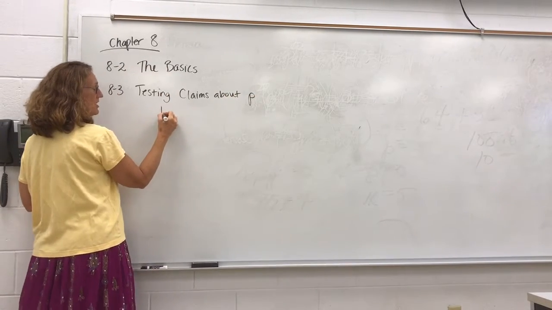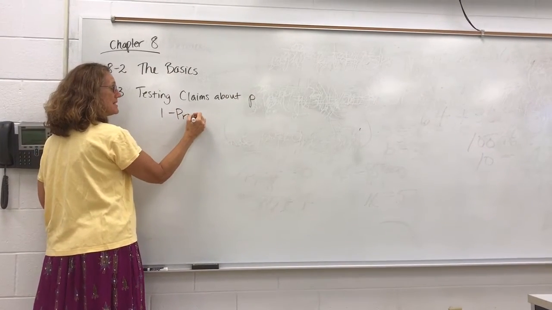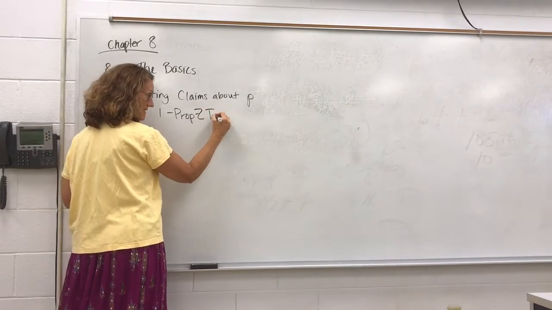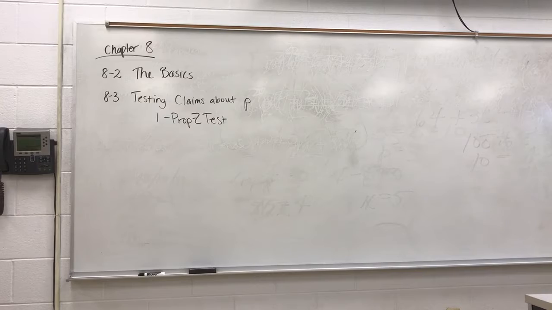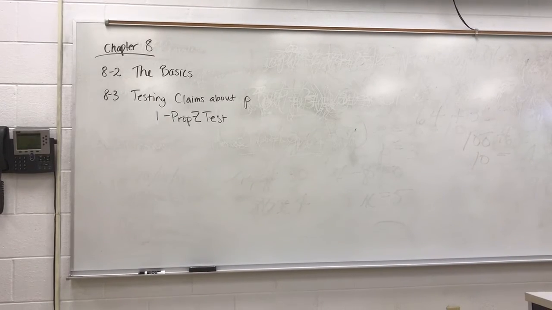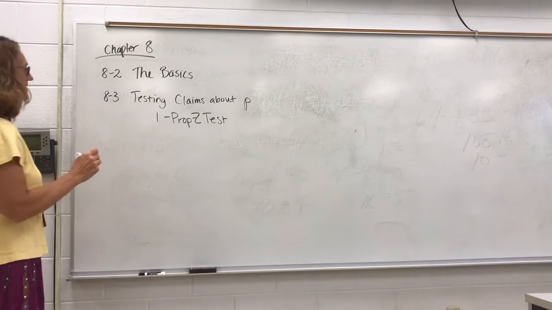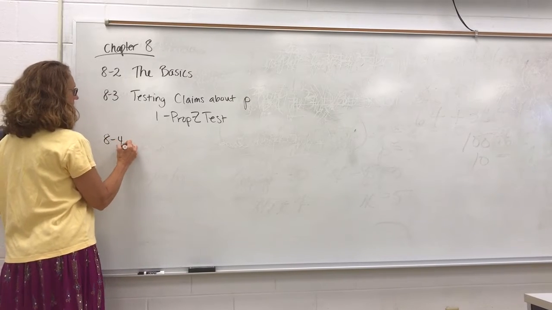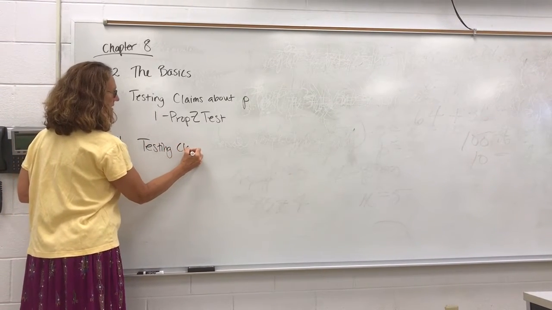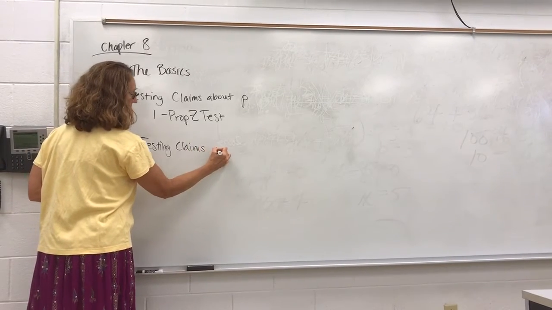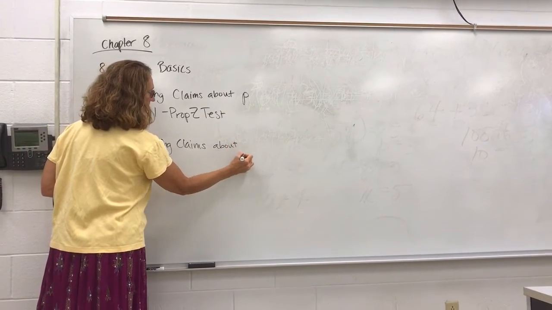And for that, we're going to use one prop z test, right? We used one prop z int for confidence intervals involving P. One prop z test for testing a claim. And then 8.4, testing claims about mu, a population mean.